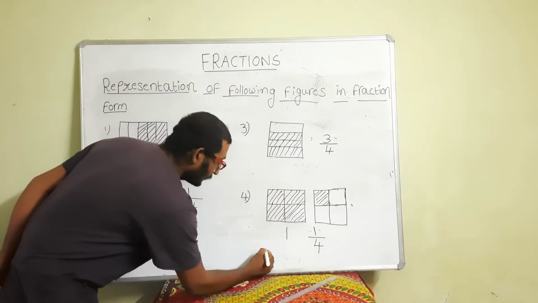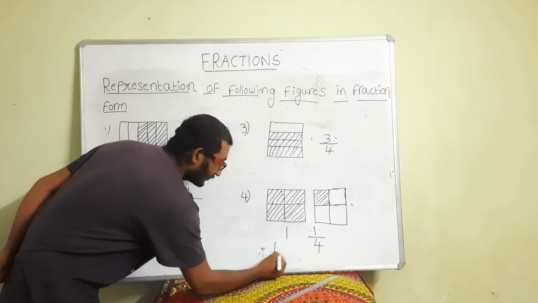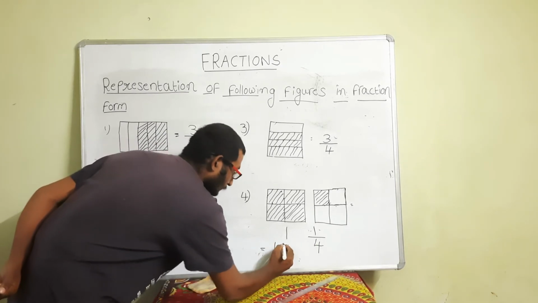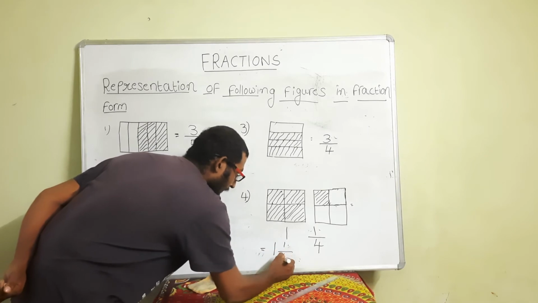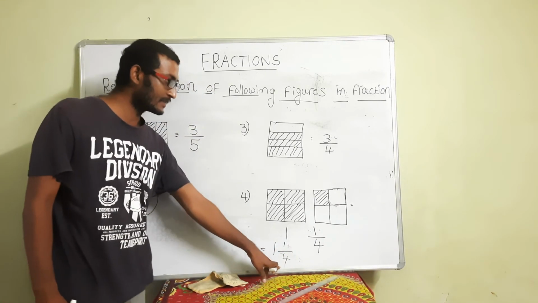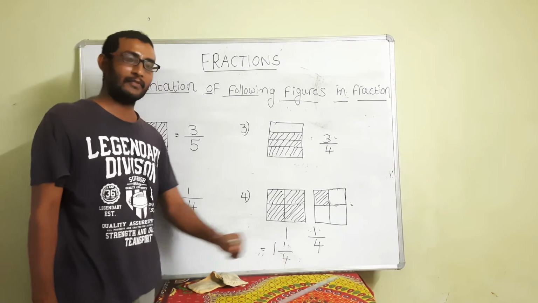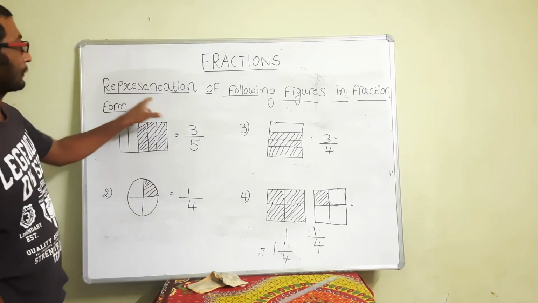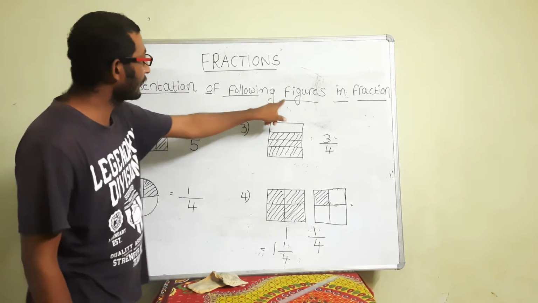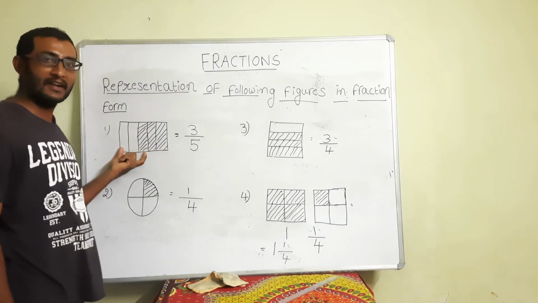So the fraction value of this figure is 1 by 4. 1 by 4 means which fraction? Mixed fraction. So this is the representation of the following figures in fraction form.